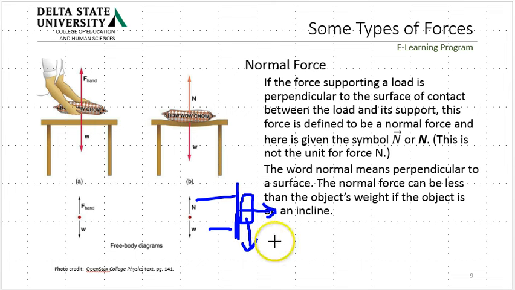And since there's nothing counteracting the weight of the bag, what happens to the dog food? It falls to the floor, right? So normal force is always exerted perpendicular to a surface.